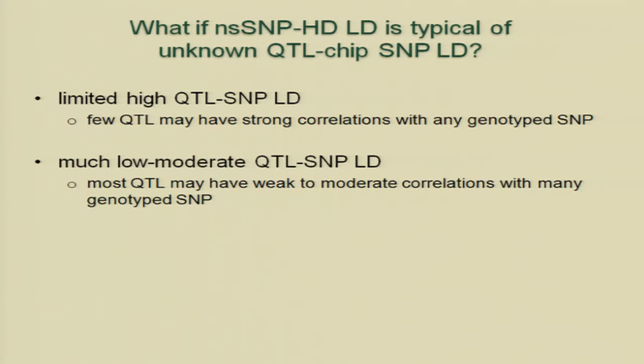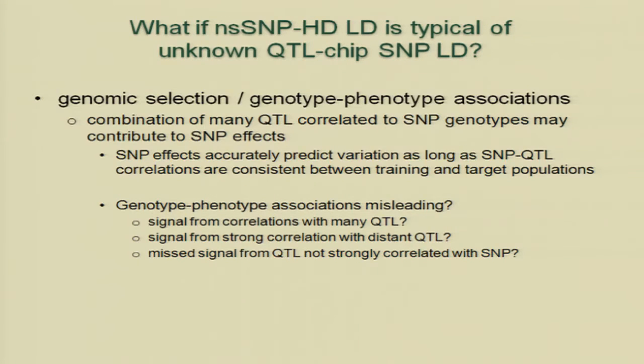But most of our QTL are going to have moderate correlations with lots of different SNP. So for genomic selection, that probably isn't going to make a whole lot of difference as long as those correlations are consistent between training and prediction.